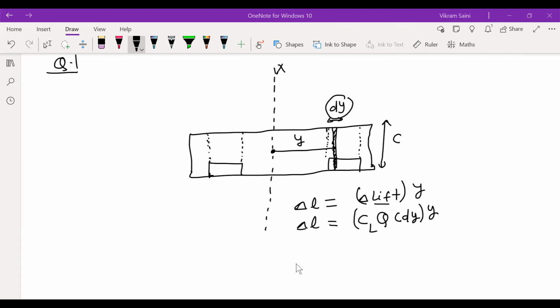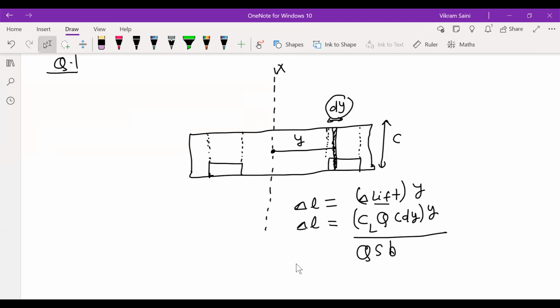So this is the net delta L. What we want is to normalize this delta L in coefficient form. So whenever we have moments, we divide the moments with Q, S, and because it's lateral moment, we divide it with B. And for longitudinal, we divide it with C. So QSC or QSB.